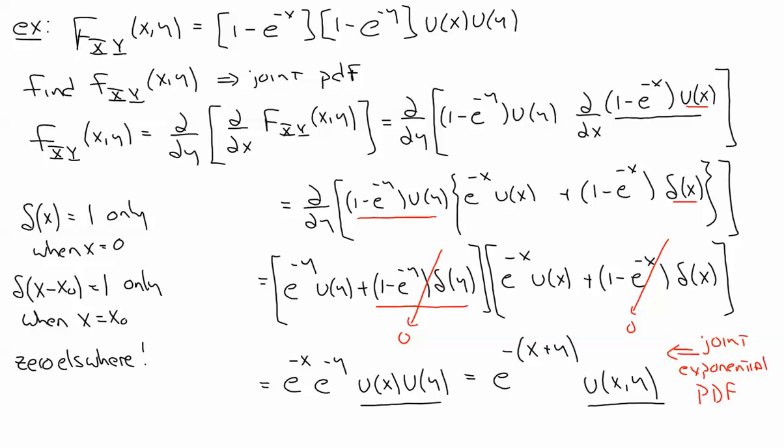Let's just make a little sketch over here in one dimension. It's going to look something like that. That's what that looks like. Let's talk about the general properties of the joint probability density function.